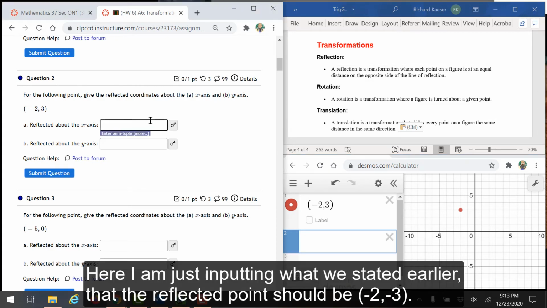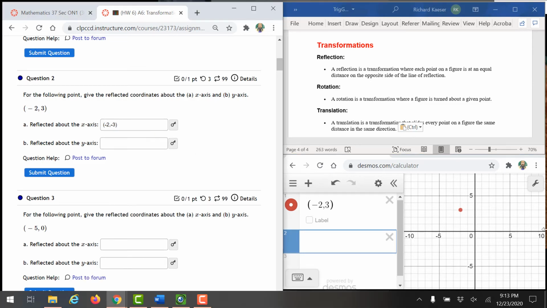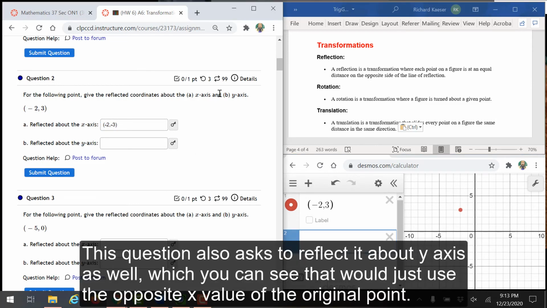Here I am just inputting what we stated earlier, that the reflected point should be -2, -3. This question also asks to reflect it about the y-axis as well, which you can see would just use the opposite x value of the original point.